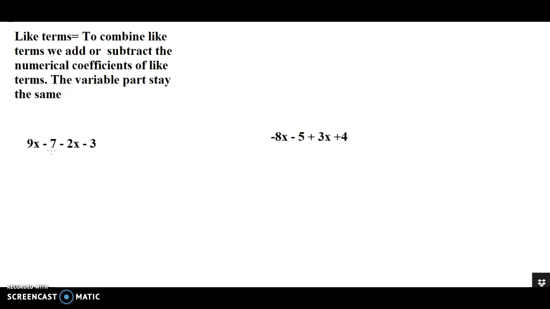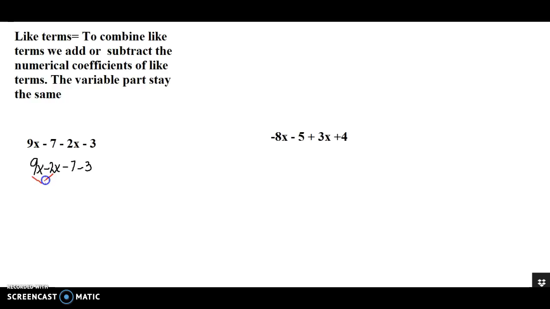So what we're going to want to do is rearrange this problem so that like terms are together. So when I go to rearrange this, this would be 9x minus 2x, and then the minus 7 minus 3. So you see when I rearrange these, the sign that was in front of the number goes along with that number. So now that like terms are together, I can do this.